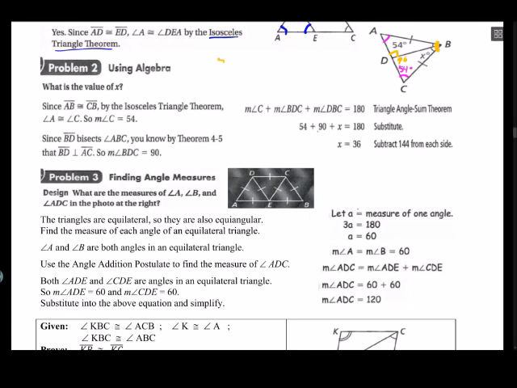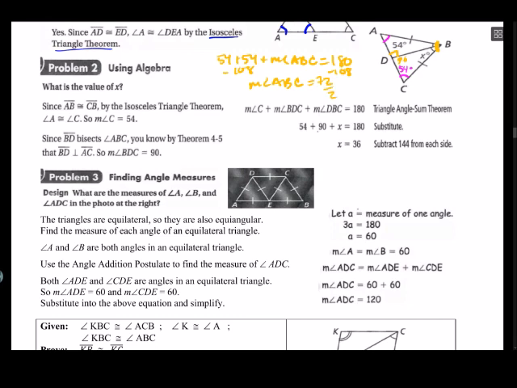We could say that 54 plus 54 plus the measure of angle ABC equals 180 degrees. And so that's 108, minus 108 on both sides. The measure of angle ABC, 72.